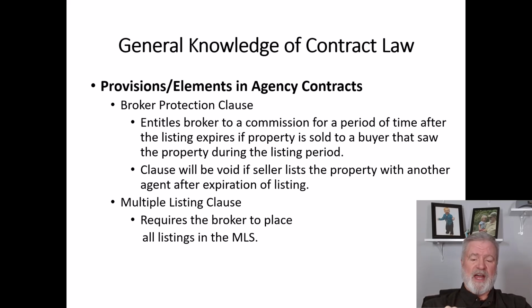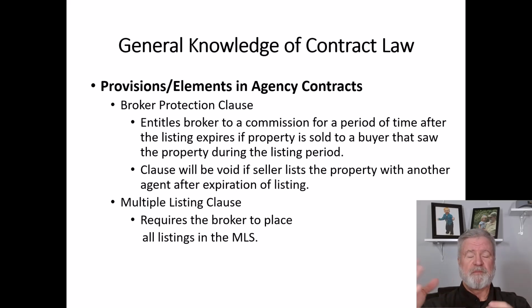Y'all, so now we've got in our contract something called a broker protection clause, where basically what it says, and I'm kind of paraphrasing here, for example, if I'm representing a buyer, it might say, buyer, if you should decide to purchase any property that I showed you during the period of our agency agreement within blank days, and it's a fill in the blank.